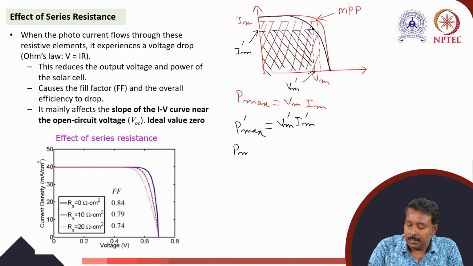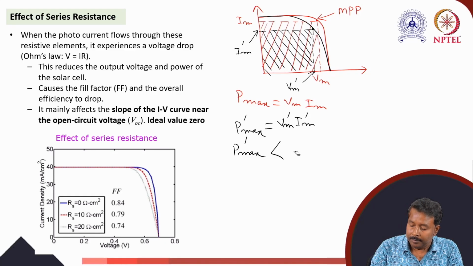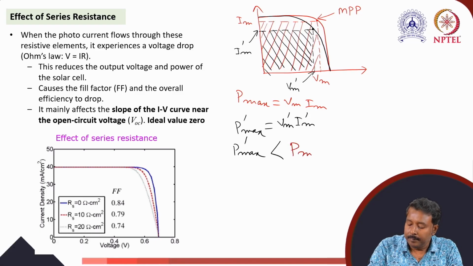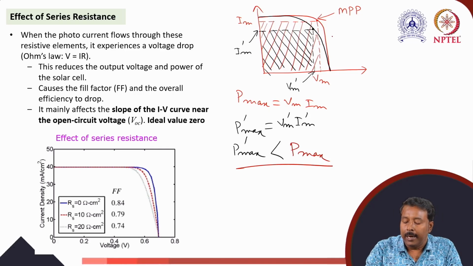So it is observed P max dash is less than P max. But the VOC and ISC product remains the same.